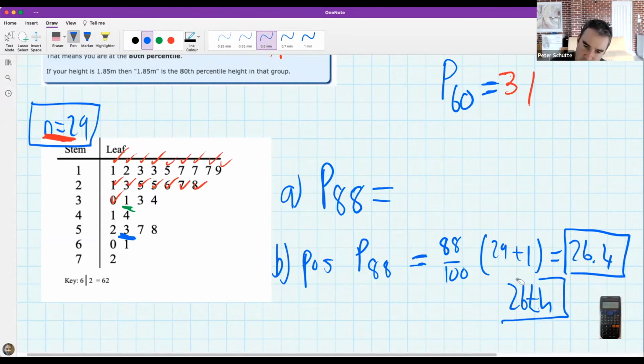So if you know it's the 26th position, I want to know what is the value of P88. Where is the 26th position going to be?